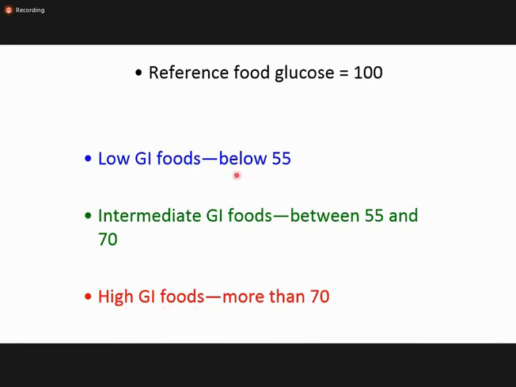The low glycemic index foods are normally below 55, intermediate ranges from 55 to 70, and high glycemic foods are more than 70 glycemic index.